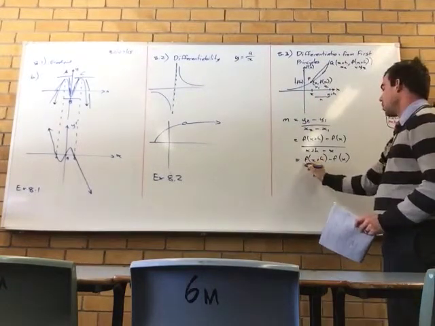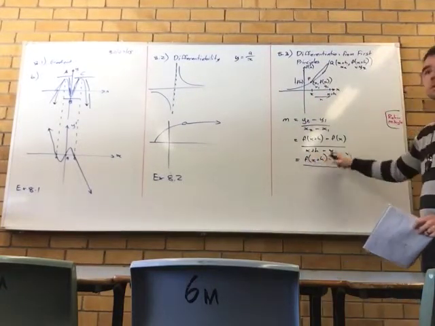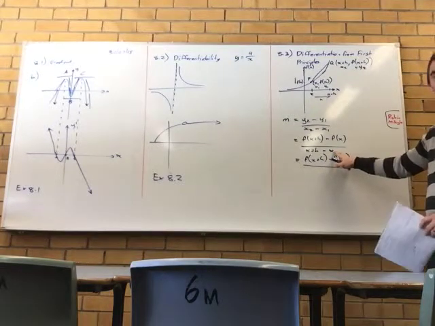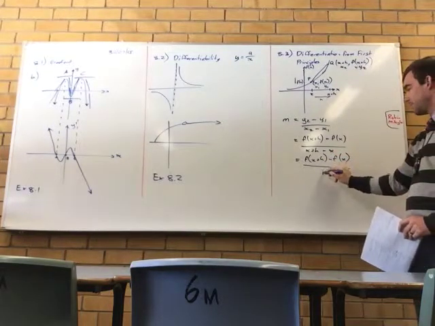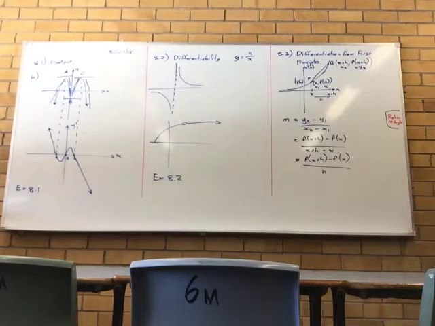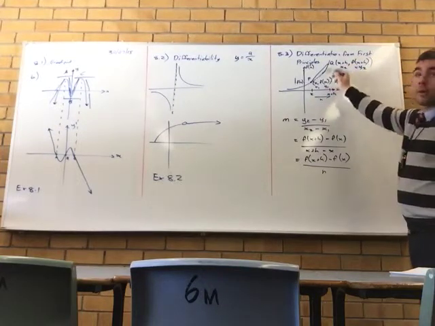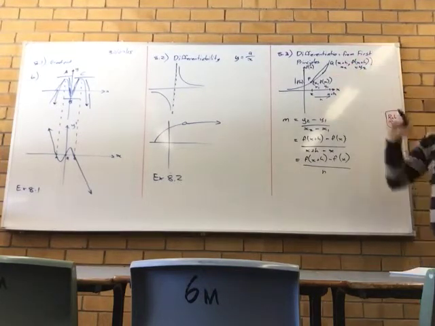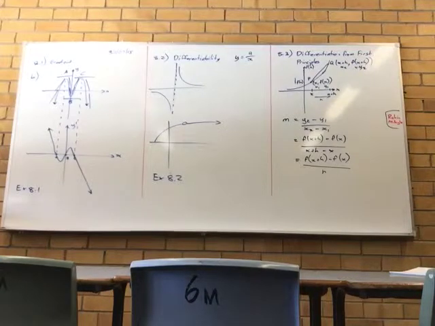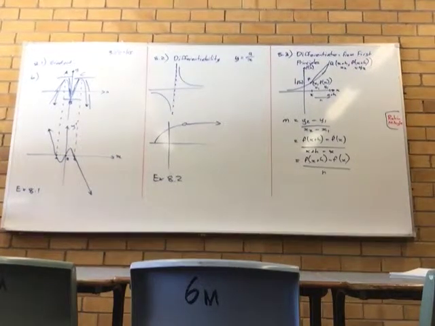So on the denominator, x plus h, take away x, simplifies to h. So the idea is that I've got a secant here, a line that cuts at two places. I want to turn that secant into a tangent that only cuts at one spot.